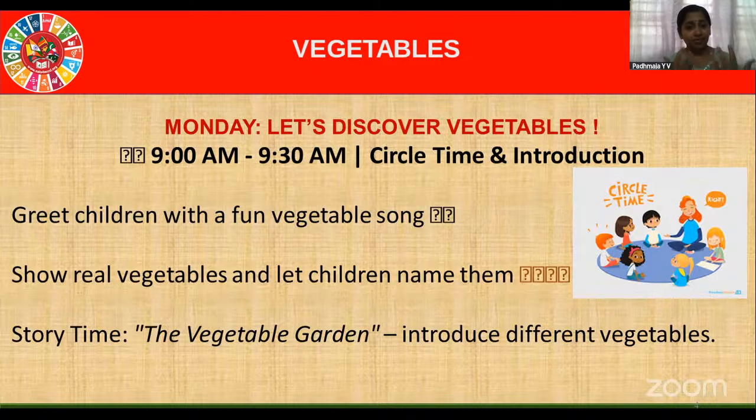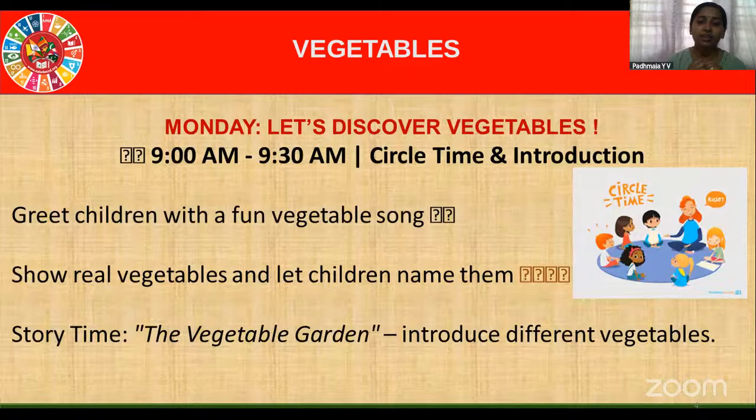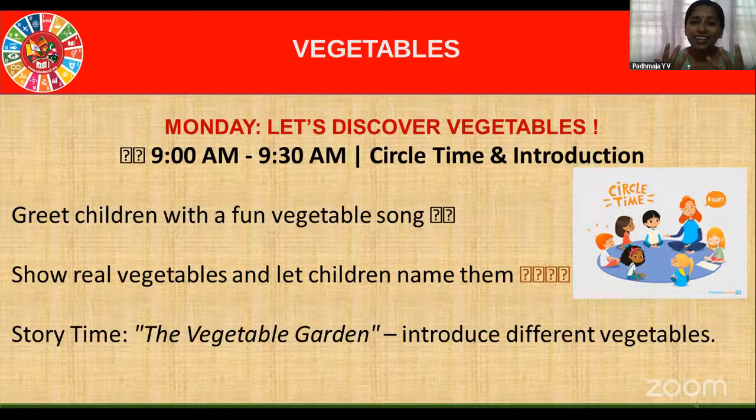The first thing, when the child enters the classroom, of course, we greet the children with a smile, and we do all the religious activities. After this, we can make the children sit for circle time and introduce. Since it's a vegetable theme, greet the children with a fun vegetable song.